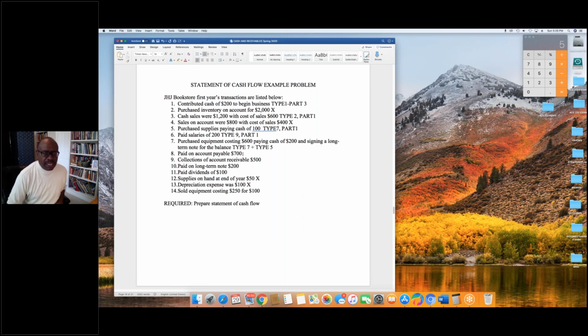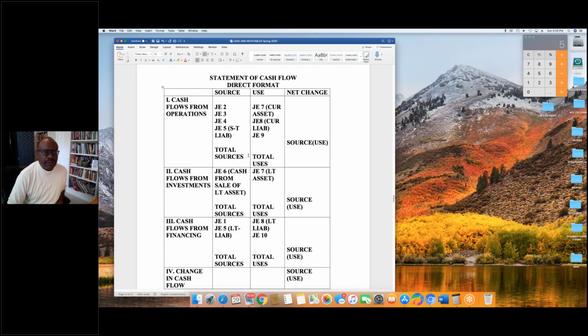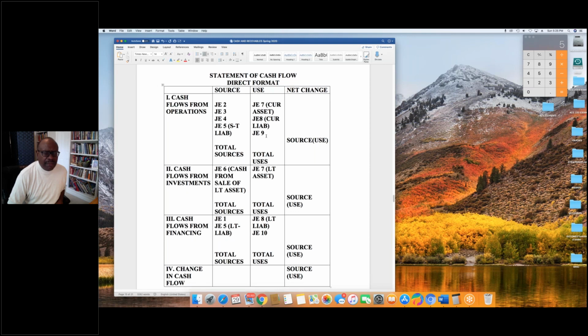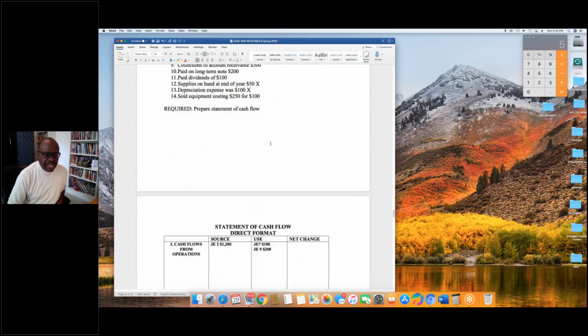Paid on accounts payable $700. That's payment of a liability. So that's going to be the current liability. So it's going to be journal entry 9.